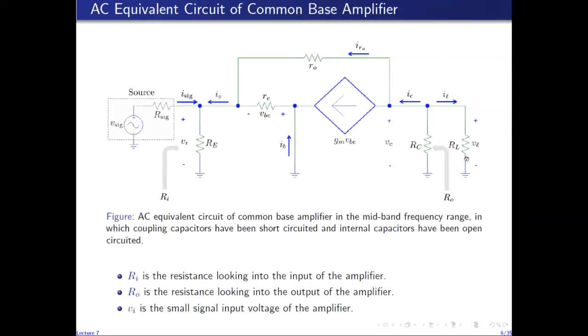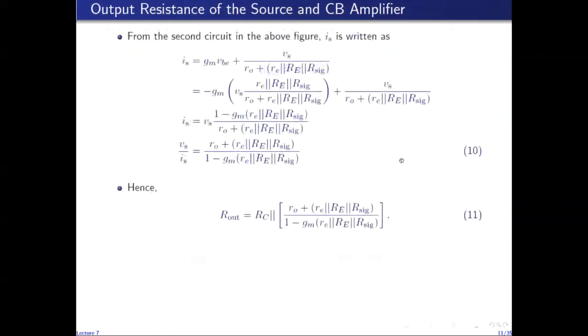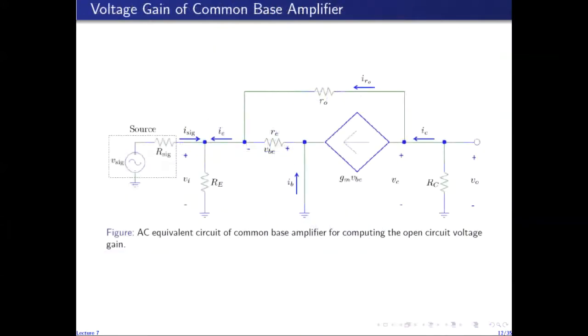So I can combine this RL with RC, and I will get a circuit which looks exactly like this. So if in the actual AC circuit, which I just showed, I combine RL with RC, I will get a circuit which looks exactly like this. The only difference will be that instead of RC, I will have a resistance RC in parallel with RL. And instead of V naught, I will call this voltage VL.